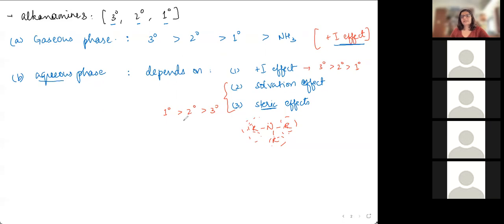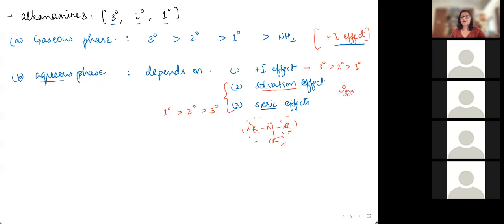Correct. Now, what about solvation? What do you mean by solvation? That's when the amine gets surrounded by H2O molecules. Correct. Solvation happens for every ion, even for cations like lithium, cesium, and other metal ions. Anything you dissolve in water gets solvated, with H2O molecules surrounding the particular ion.